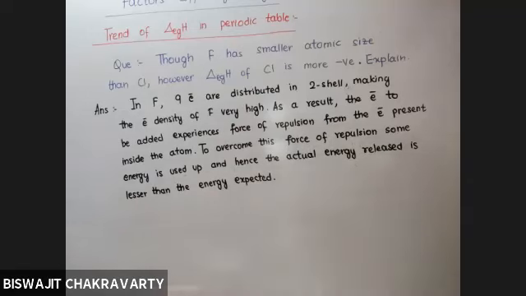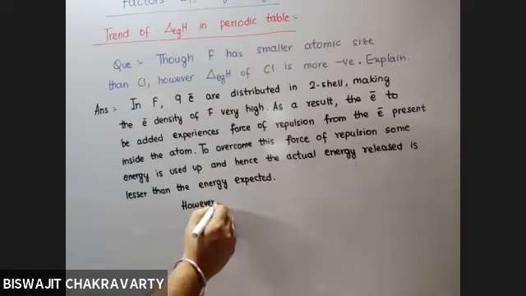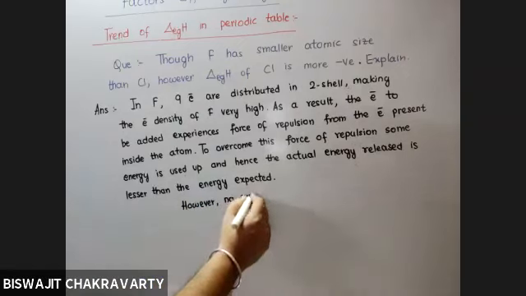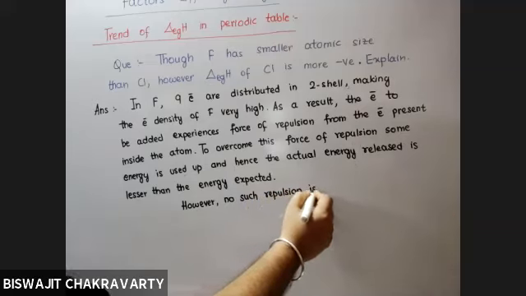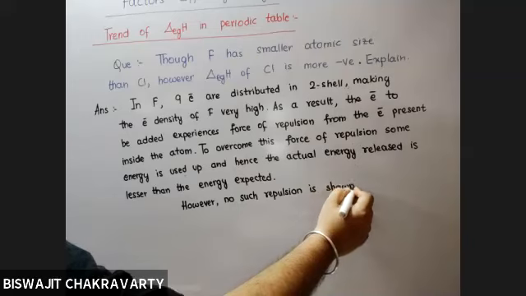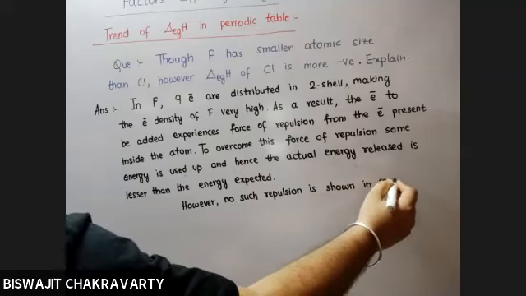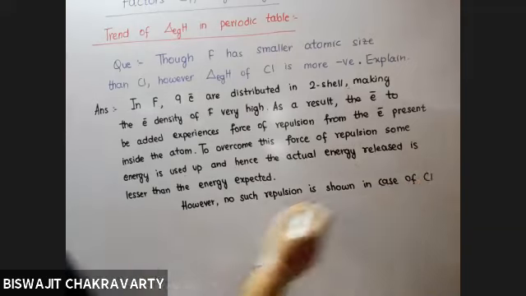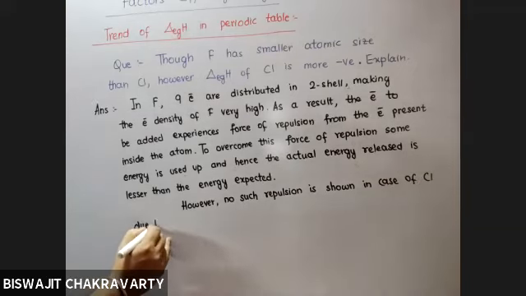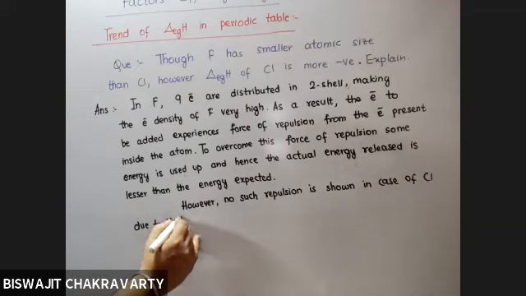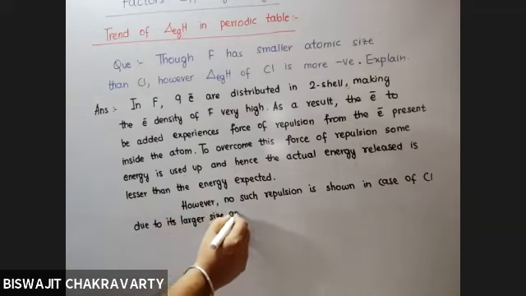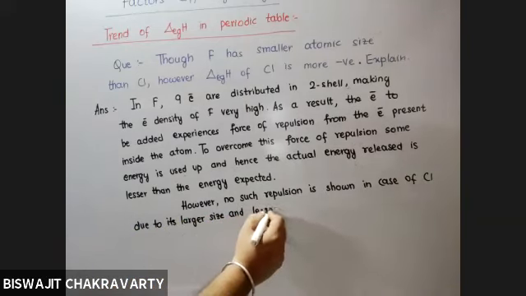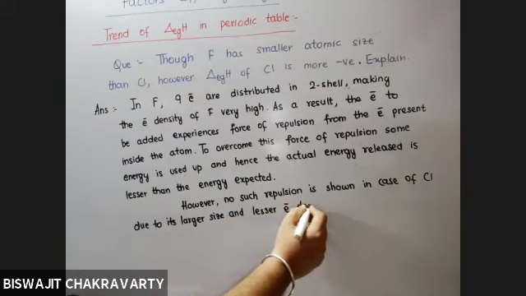But in case of chlorine, however, no such repulsion is shown in case of chlorine due to its larger size and lesser electron density.